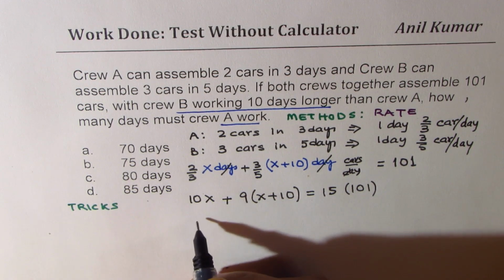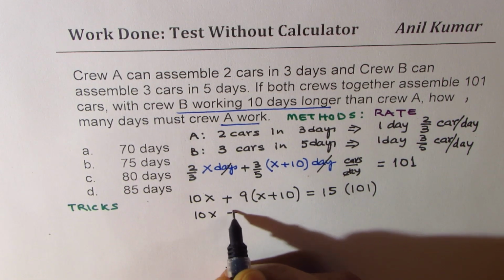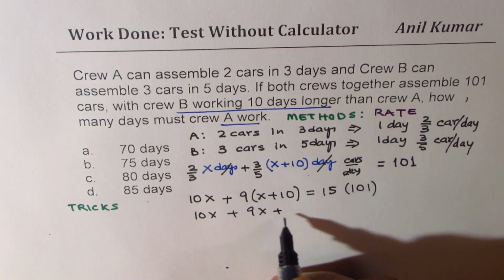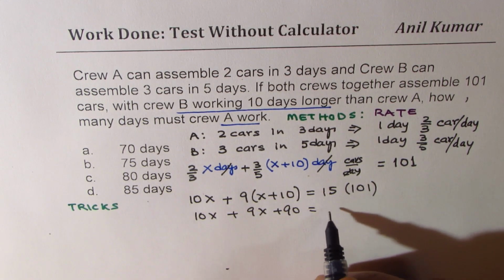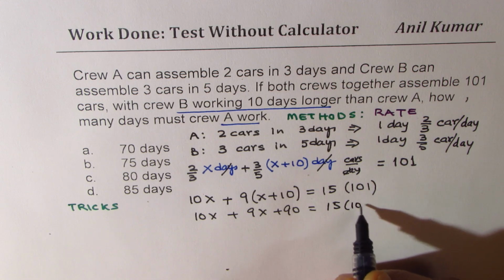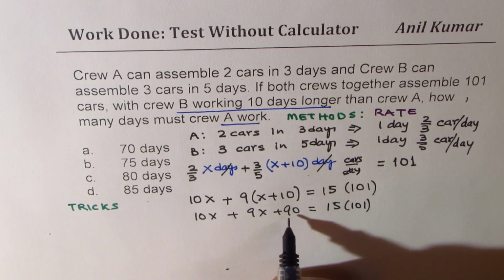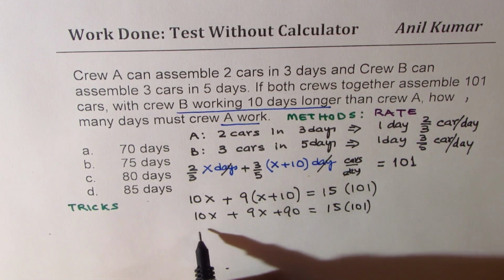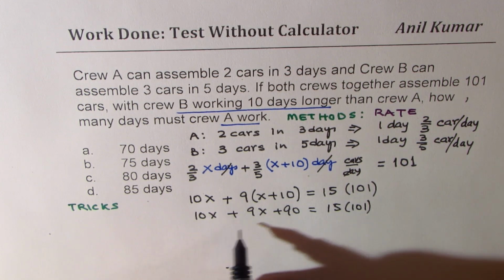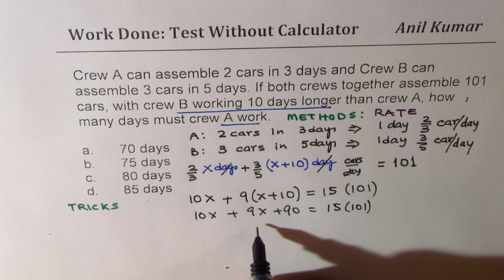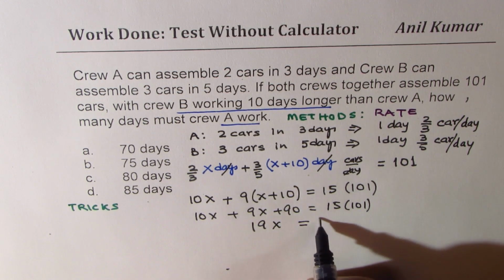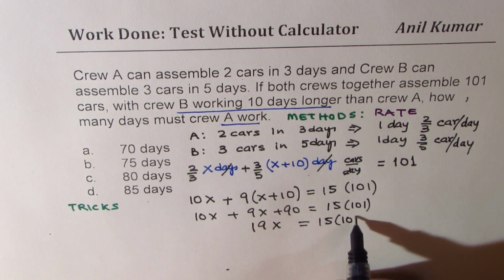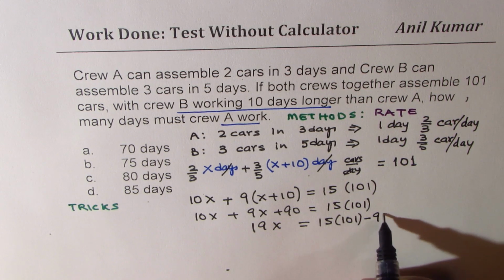Now let's open this bracket. So we get 10x plus 9x plus 90 equals to 15 times 101. Now we can take this 90 to the right side and we get 10 plus 9 as 19x. So let me write down here 19x is equals to 15 times 101 minus 90.